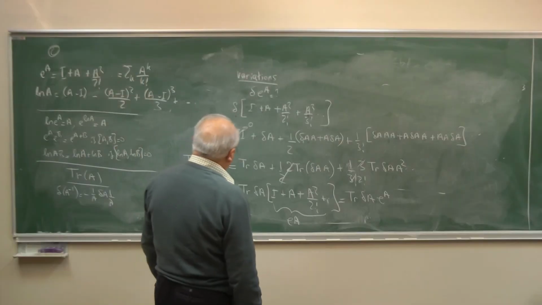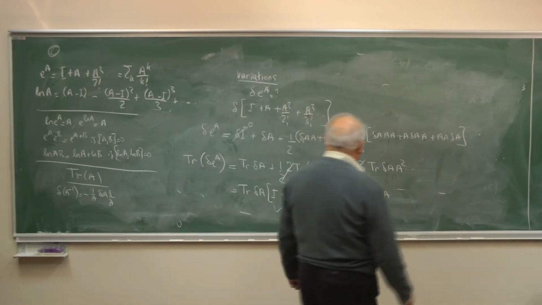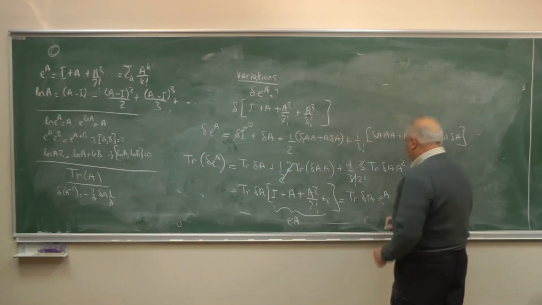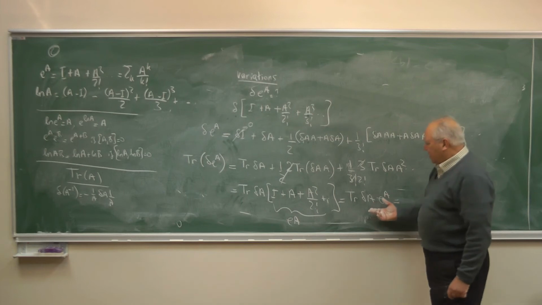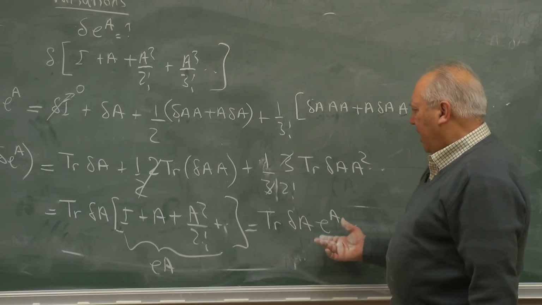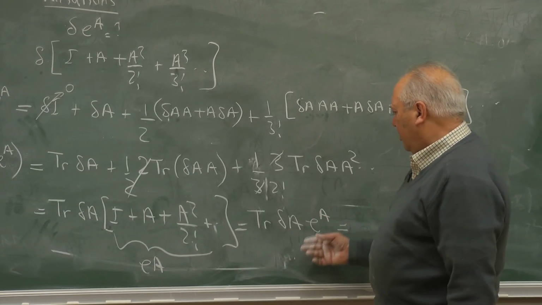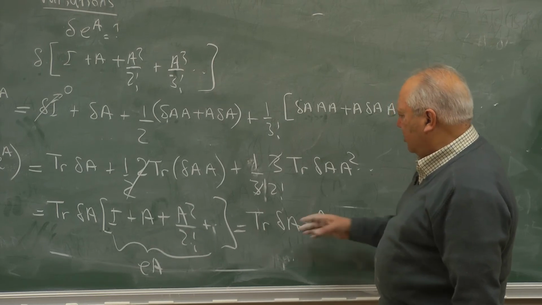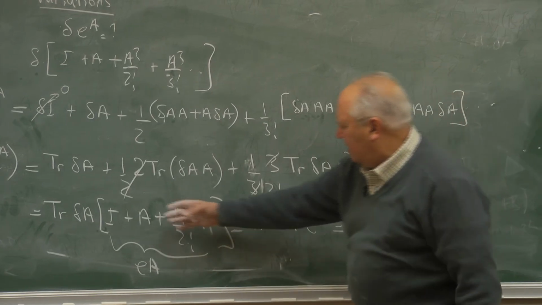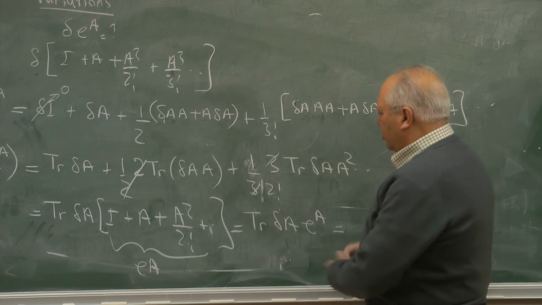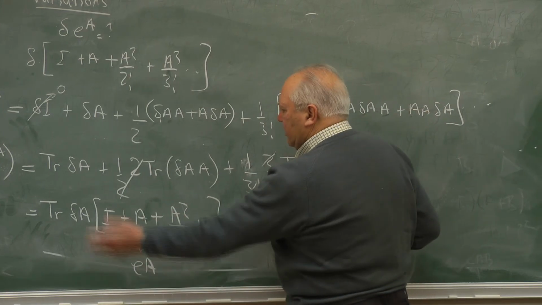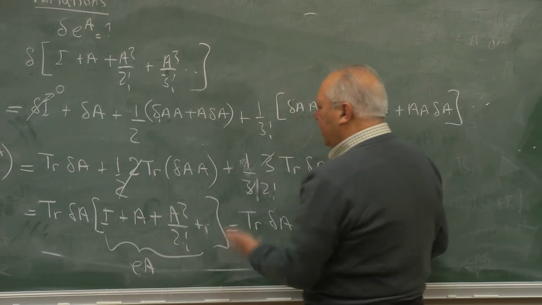Now, there is one more thing we can write, and it is this. Trace is a linear operator, and this has an infinite series, so it's a bunch of terms like this, okay? So you take the trace of this term, and then take the trace of the other term, and you add them up.